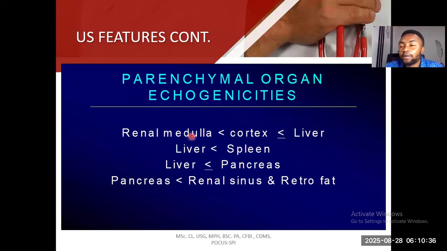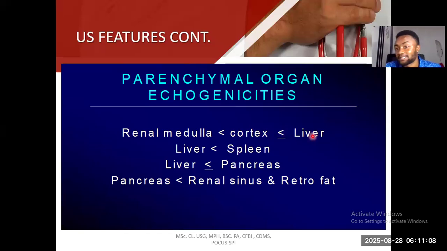So the renal medulla echogenicity is less than the cortex, meaning that if you start from the back, the liver echogenicity is greater than or equal to the cortex. But if you start from the cortex, then the cortex echogenicity is less than or equal to the liver.